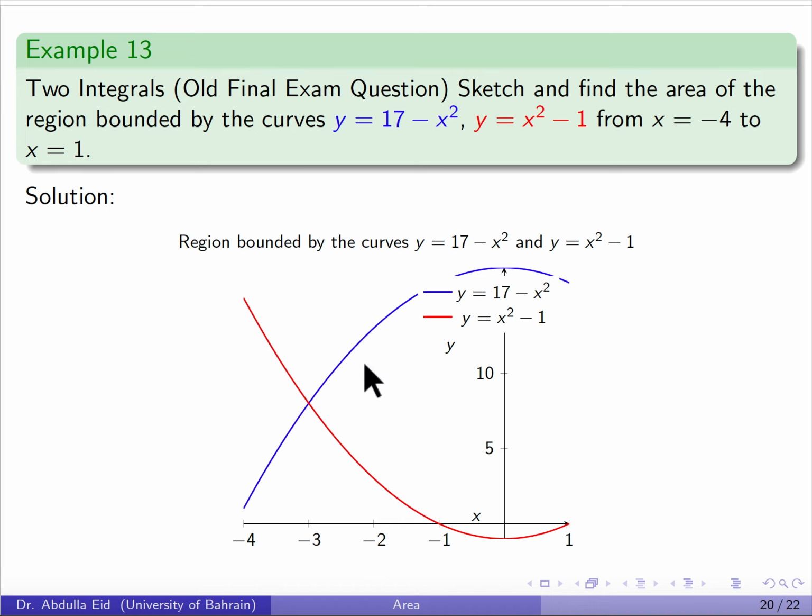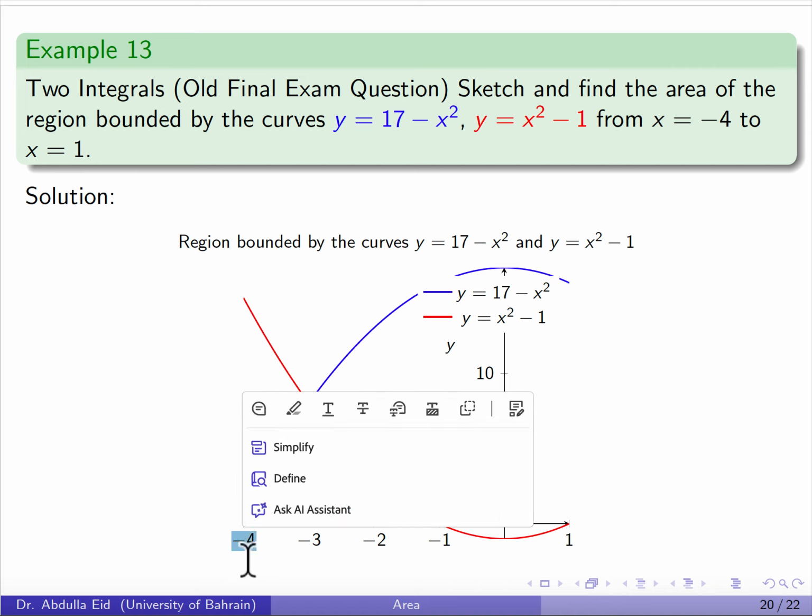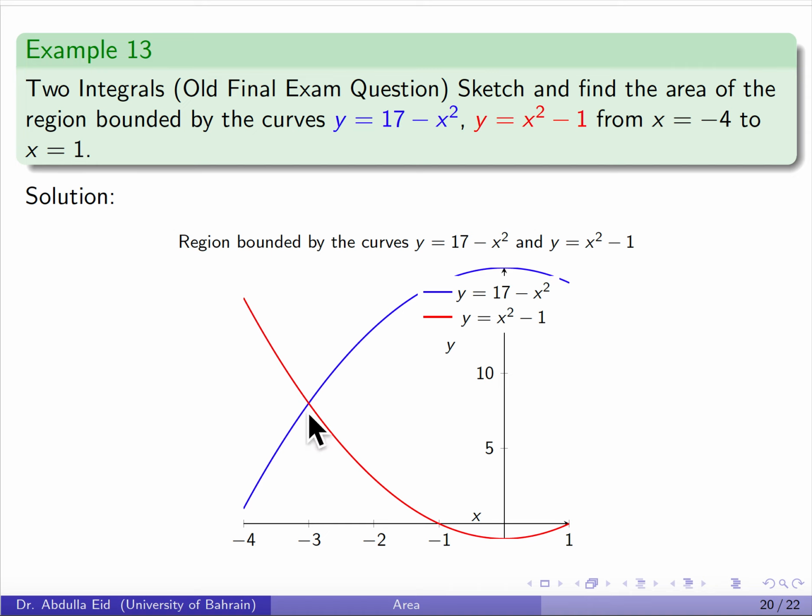However, the top and the bottom, they change. So I have to start from negative 4 to stop here. And then again, I start from here, which looks like a negative 3, and end up at 1. So you have top, bottom, top, bottom. So we have to split this into 2 questions.